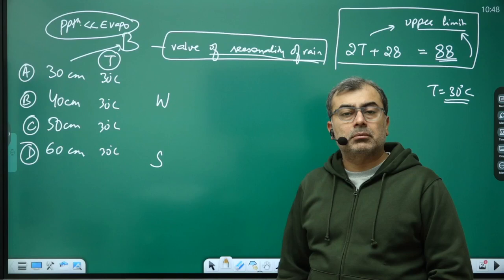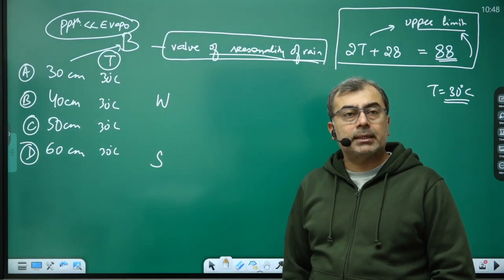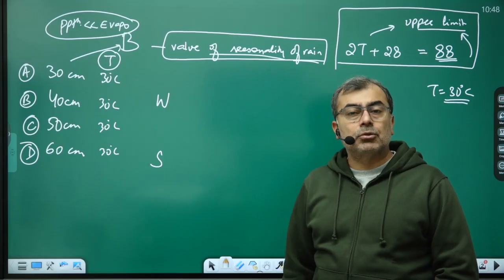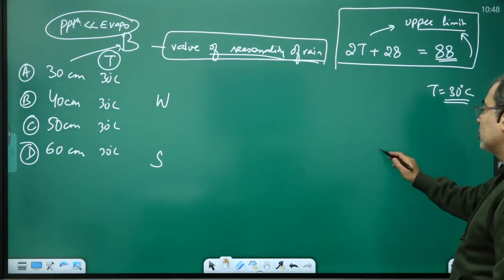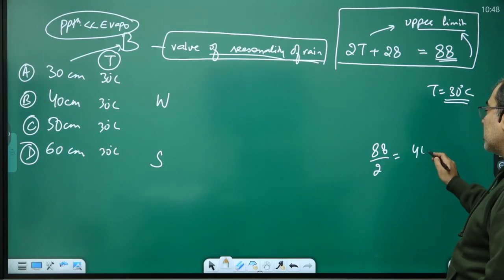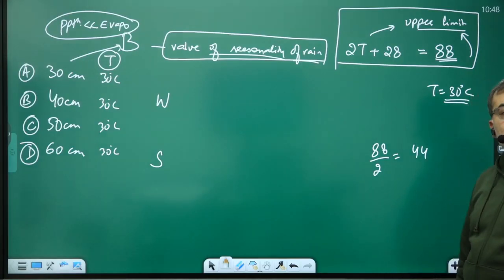Yes or no? Is it 88? So 88 is the upper limit. Now let us do 88 by 2. 88 by 2 is equal to 44. Is everyone okay?